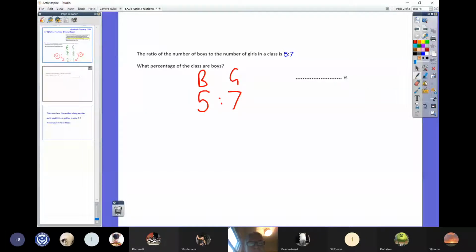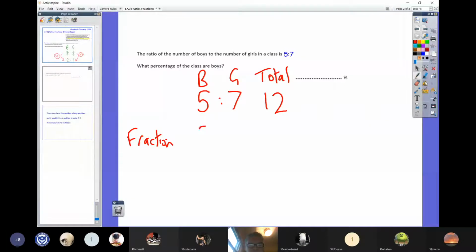And we're being asked what percentage of the class are boys. So what you need to do is how many are boys out of all the boys and girls. So you need to have a total column. Okay, and obviously 5 plus 7 is 12. Now, if the question had asked you what fraction are boys, then it's 5 boys out of a total of 12.